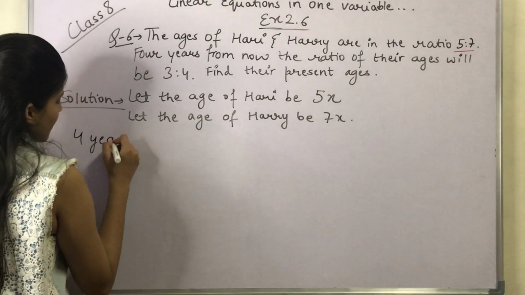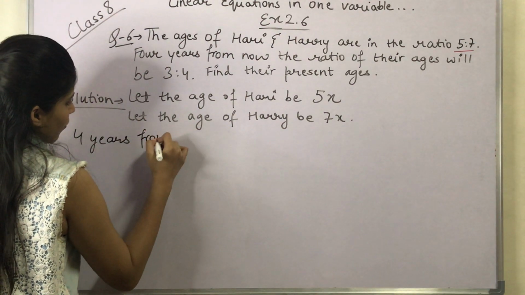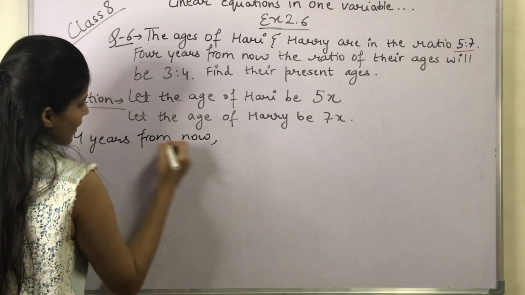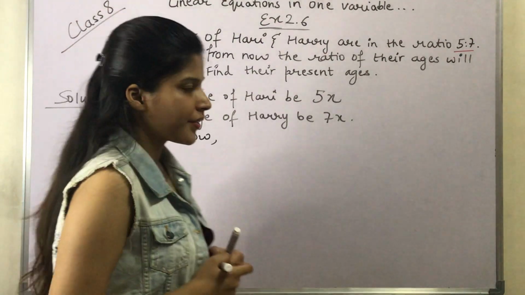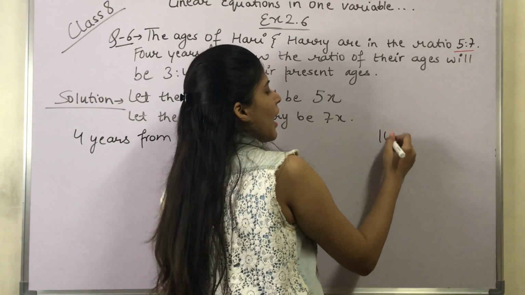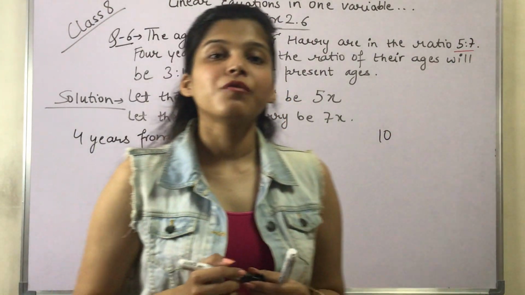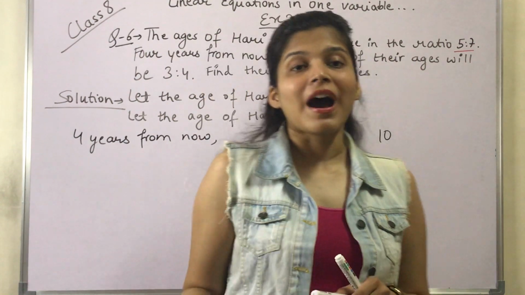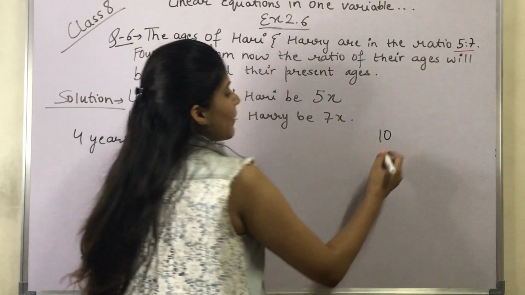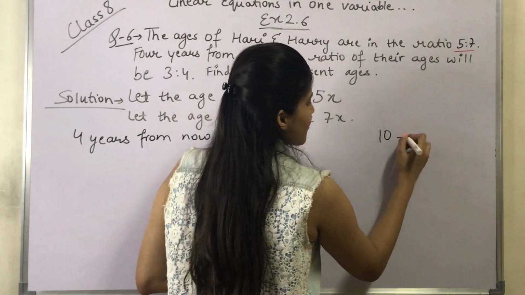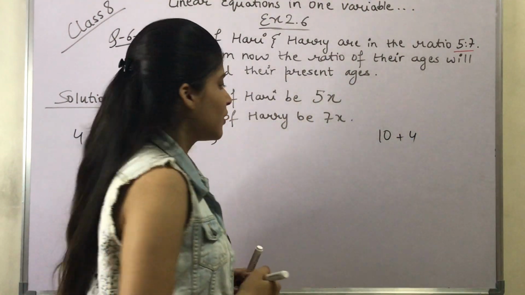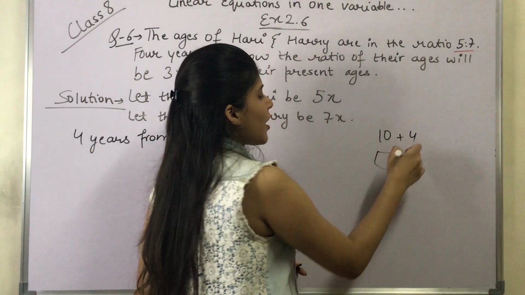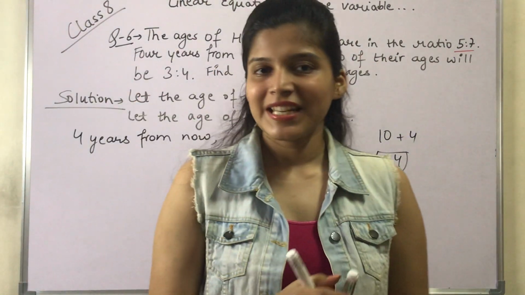4 years from now, it means, if I ask you children, your age right now is 10 years, what will your age be 4 years from now? Simply, you will add 4 to your present age. So you will tell me, ma'am, my age after 4 years will be 14 years.